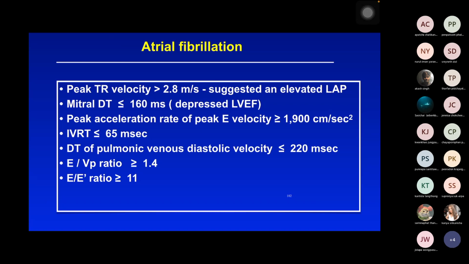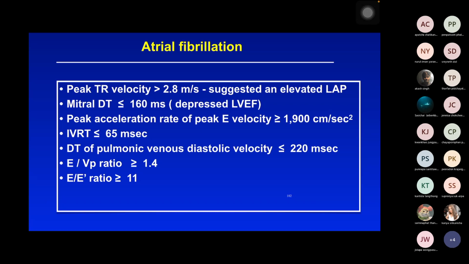Also in tissue Doppler imaging, the patient with AFib has loss of the A prime, and also we should see loss of the A reversal from the pulmonary vein Doppler.